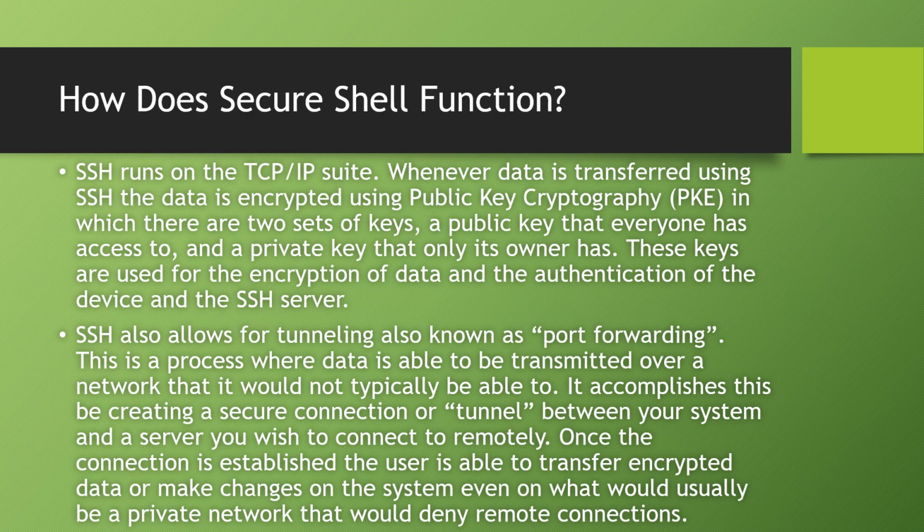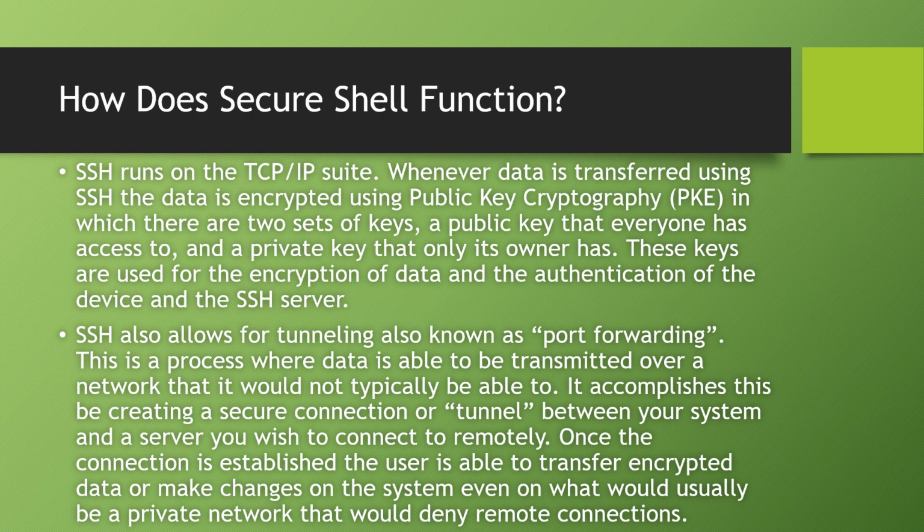So now let's actually talk about how Secure Shell functions. SSH runs on the TCP/IP suite, or Transmission Control Protocol/Internet Protocol suite. Whenever data is transferred using SSH, the data is encrypted using public key cryptography, in which there are two keys, a public key and a private key.